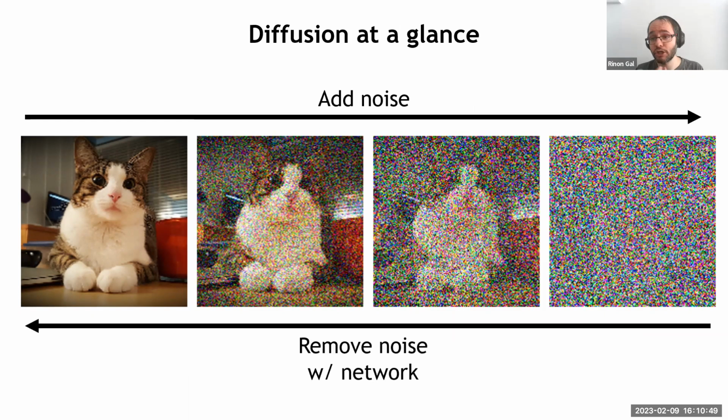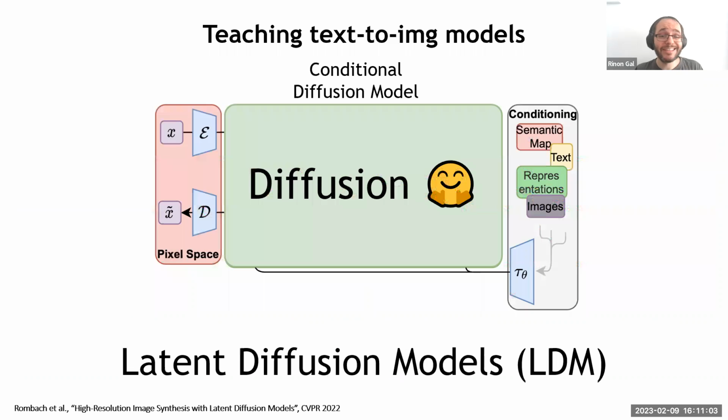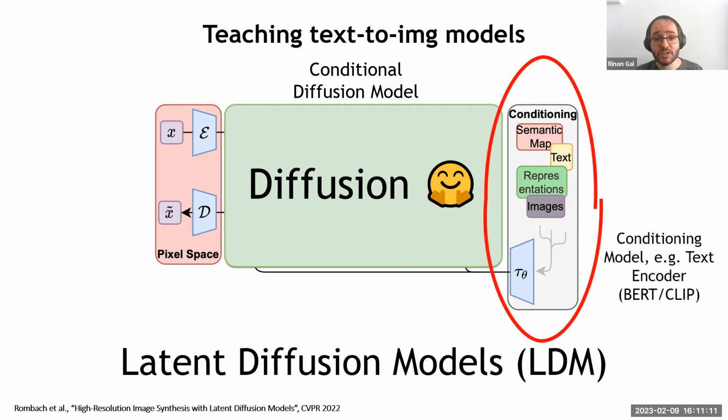And finally, to generate new images, what you do is you just sample noise that looks like the tail end of this noising process, and you clean it with your trained network one step at a time. Okay, and this cleaning network can be conditioned on additional external information like segmentation masks, images, or even text, which is what we're going to use.